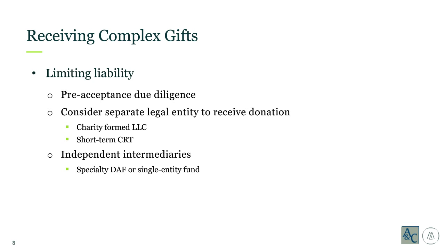But as long as the donor is comfortable with the idea that, okay, I won't have legal control, but I will have advisory privileges, and I'm pretty confident that this charity pretty much always goes along with its donors' recommendations, as long as there's no legal impediment to it, then that can be another way. There's always fees involved, but otherwise that can be another way to deal with not having to take title to the asset that's got problematic liability.